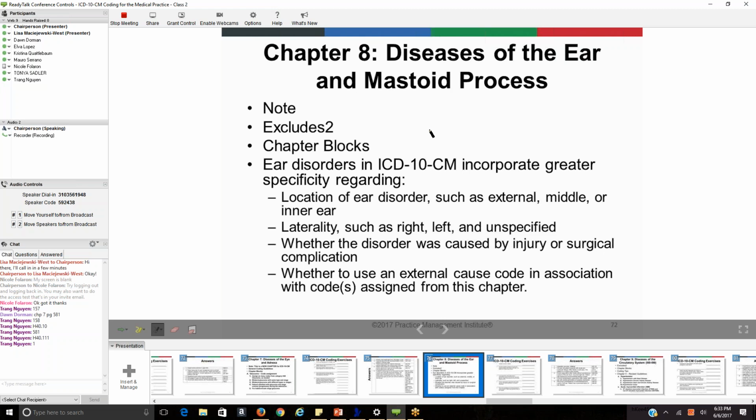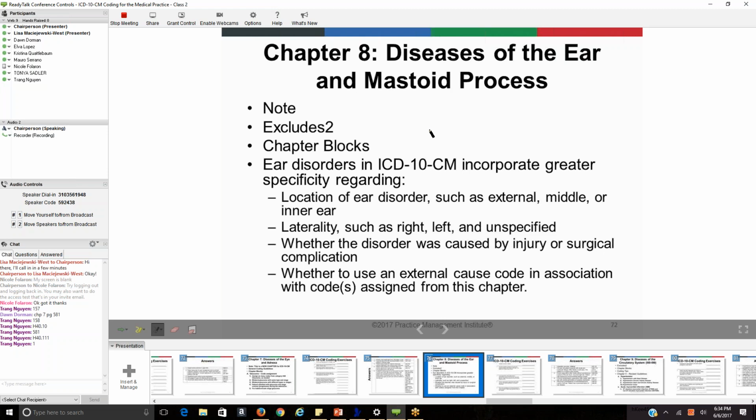If there is a disorder of the ear that is a result of an accident, then you'll need to code also the external cause, following the code for the ear condition, to identify the cause of the ear condition. Let's say the patient has a ruptured eardrum because they were in close proximity to a bomb blast or some type of loud blasting noise.